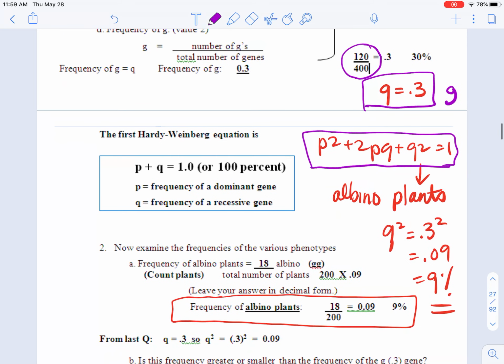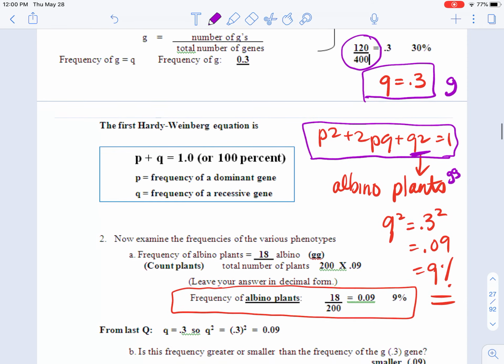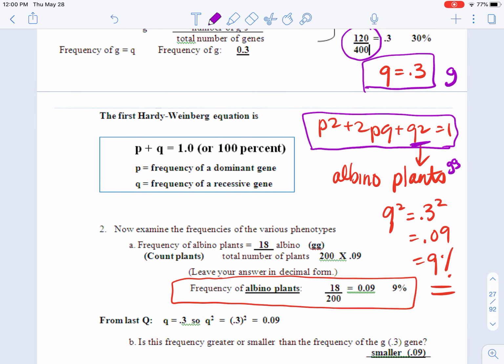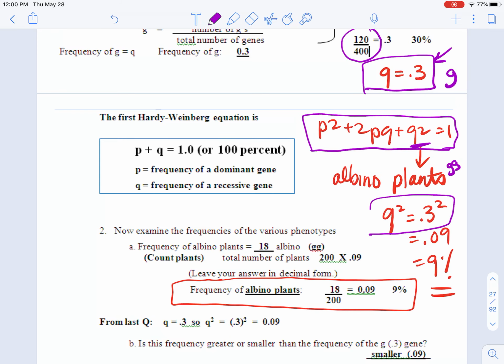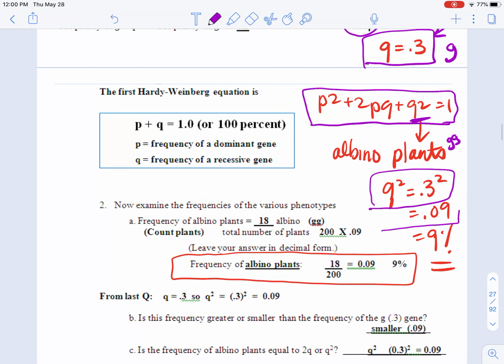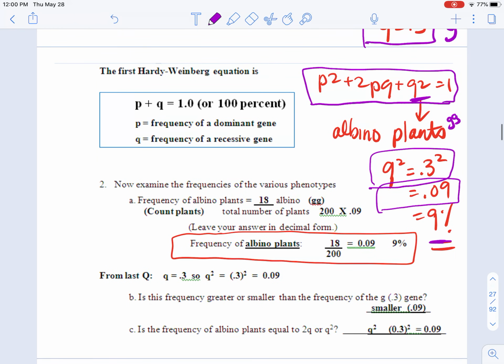And when we write down the formula here, you know the q squared would be all the albino plants that are homozygous recessive. And if we know that our allele frequency for q is 0.3, I can say 0.3 times 0.3 is 0.09.